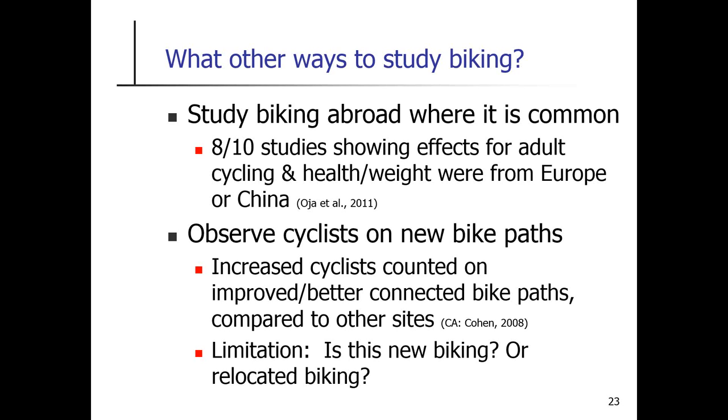And a number of these studies will show that if you build a new bike path, it will attract new cyclists. But what's not really clear from these studies is, are these in fact new cyclists, or are these cyclists who used to ride elsewhere but have deviated their paths to take advantage of the new bike path?